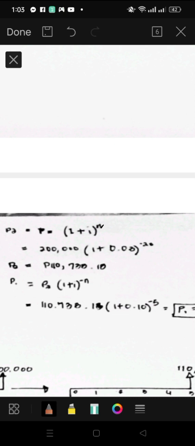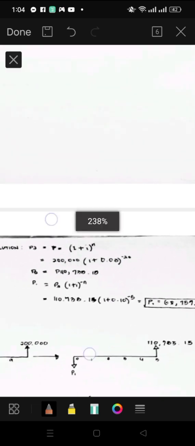So we get 110,735.151 for P2. Let's plug that into the P1 equation.